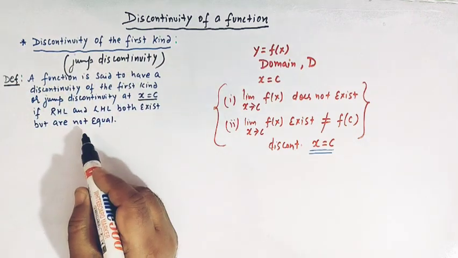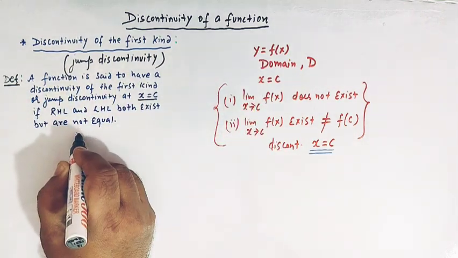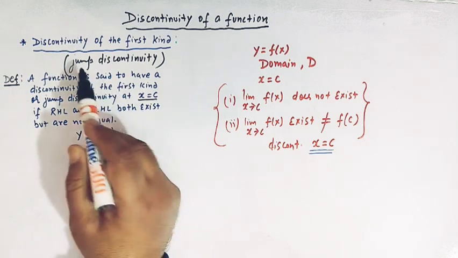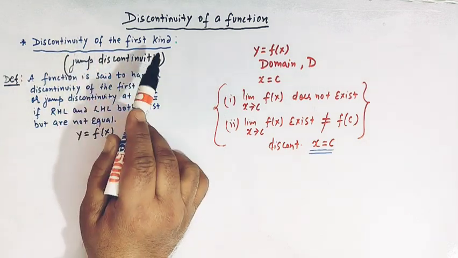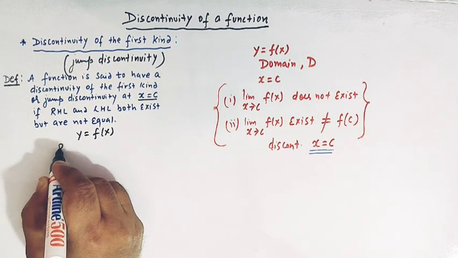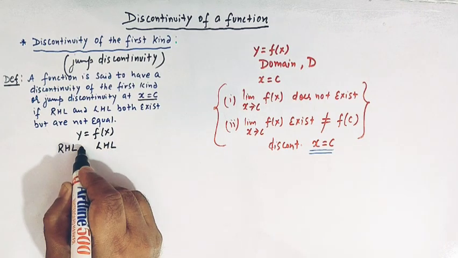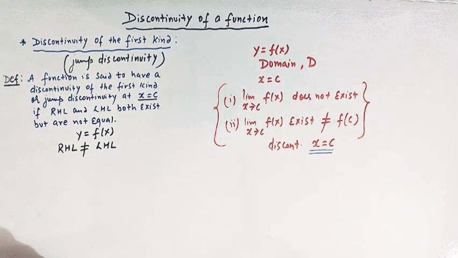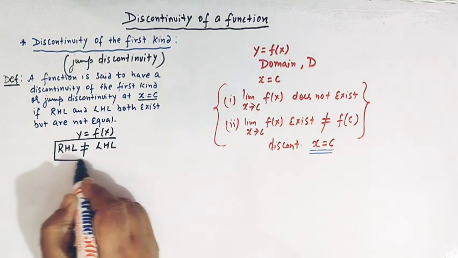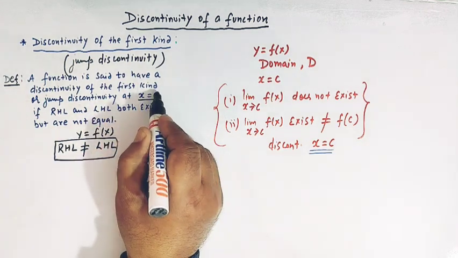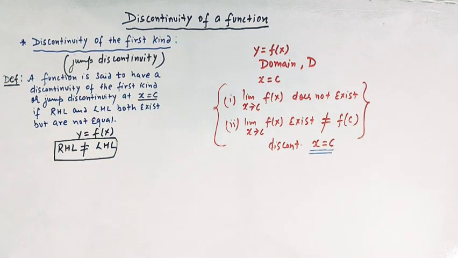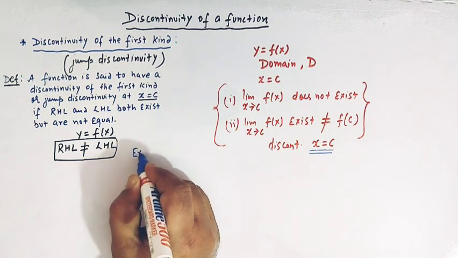Whenever this situation occurs, then we can say that this point x is equal to c is a jump discontinuity.